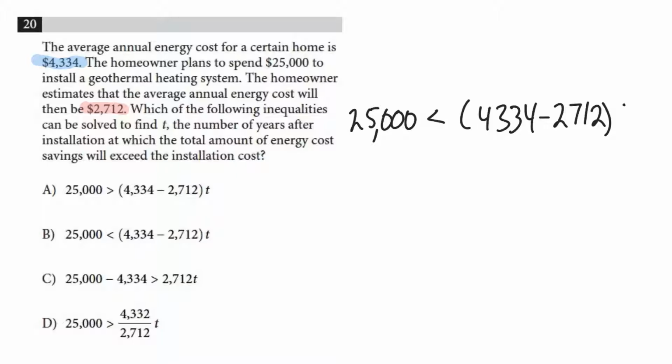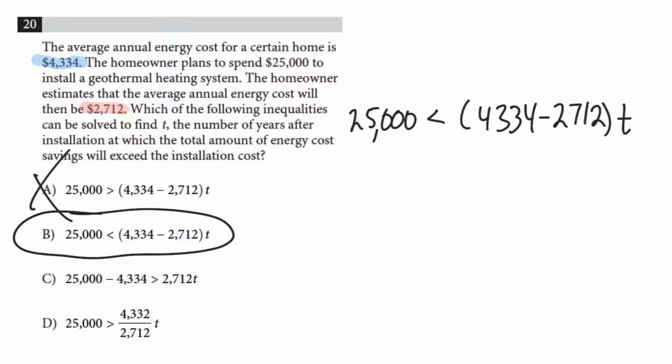And then we want to multiply that times the number of years to figure out when that savings will exceed 25,000. All right, well, it looks like A has the inequality backwards, but B is what we were looking for. Excellent.